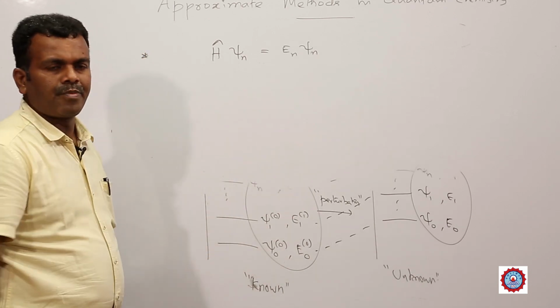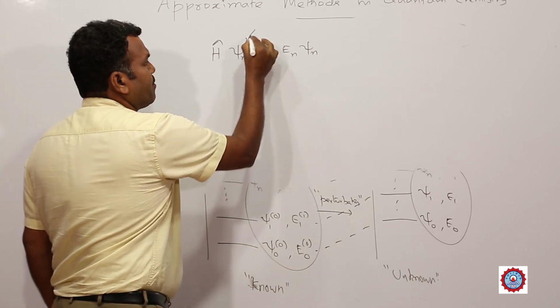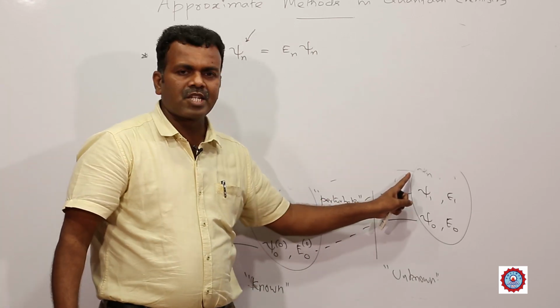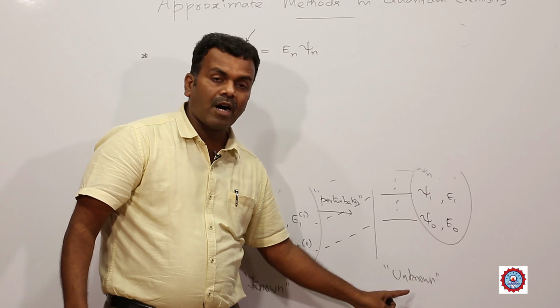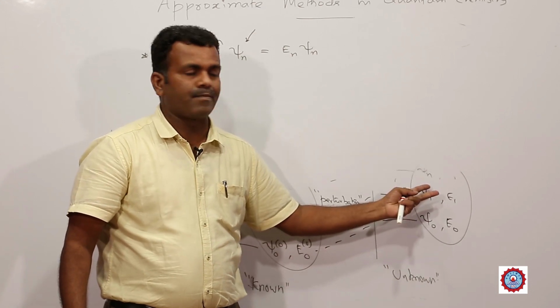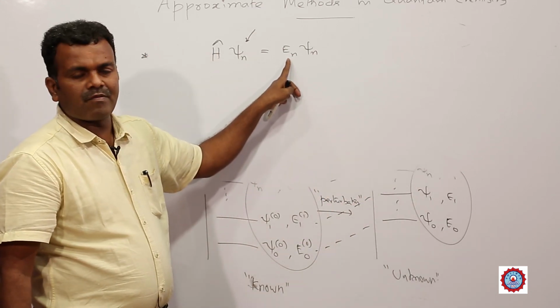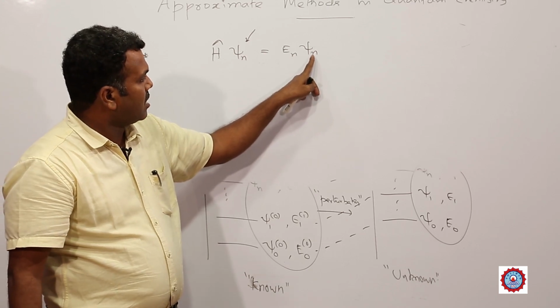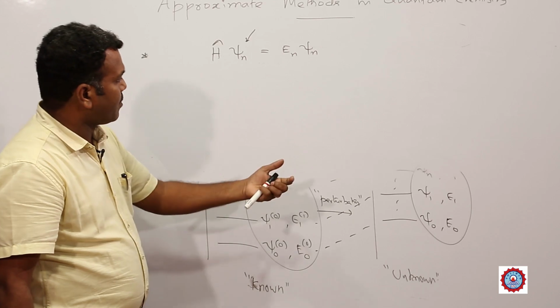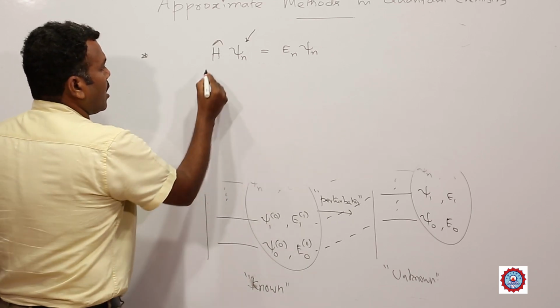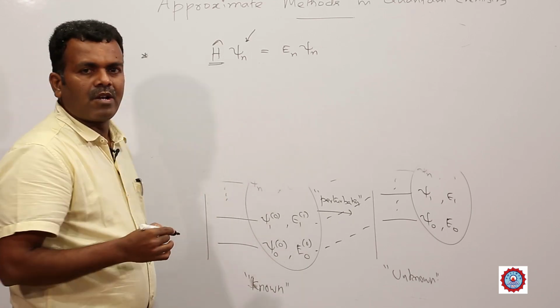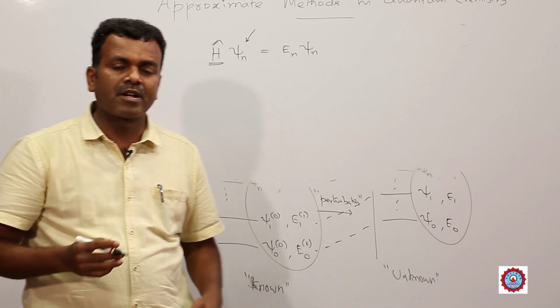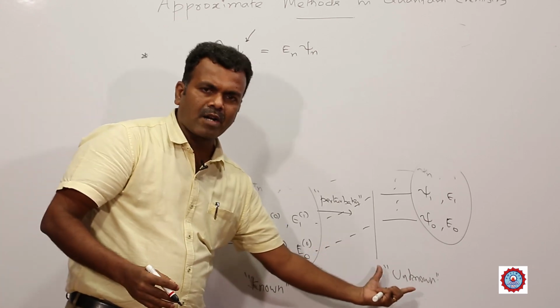This is our goal, where psi n is the wave function for the nth state in the unknown system, also called perturbed system. En is the energy of the nth state in the perturbed system. And what is this operator? It is called the Hamiltonian operator for the perturbed system or unknown system.